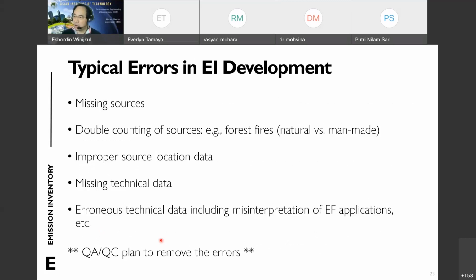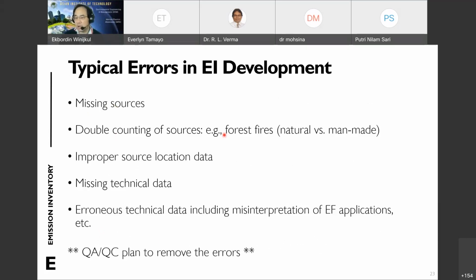Okay, these are some of the typical errors in emission inventory development. First one, you're missing some source. It may be okay if you're not missing a major source, but if you're missing a major source, then it's going to be a problem in your emission inventory. The second one also very important, double counting, right? Forest fire in some locations, they consider as man-made emission.